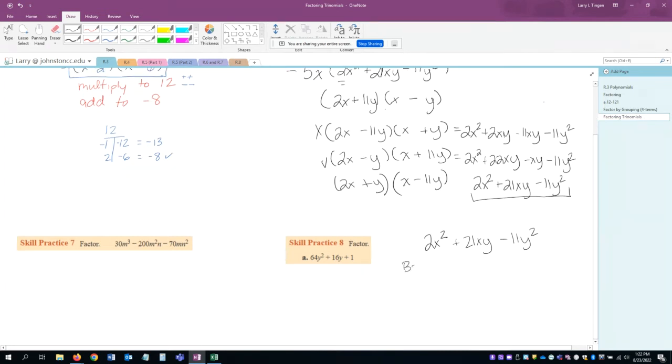Now, the bottoms up method, which is kind of a mixture of the AC method, lets me pretend for a second. So bottoms up says take A and C and multiply them. So A is 2 and C is negative 11. I'm going to multiply them, and I'm going to write that product as my last coefficient. So notice the 2 goes out from in front here.